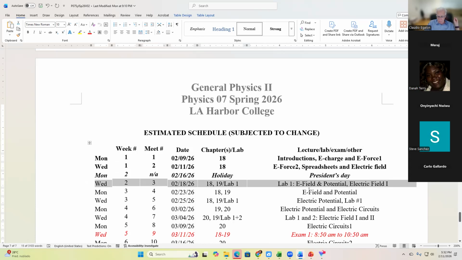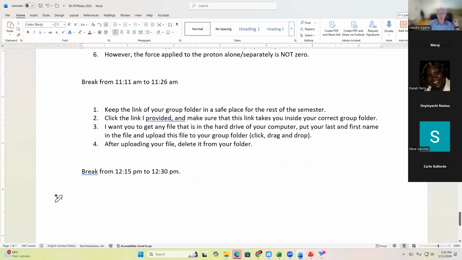But before we do that, I want to cover a little bit of the material that we are going to need for the actual lab, which is first the electric field. Okay, let's talk about the electric field. We talked so far about the following.